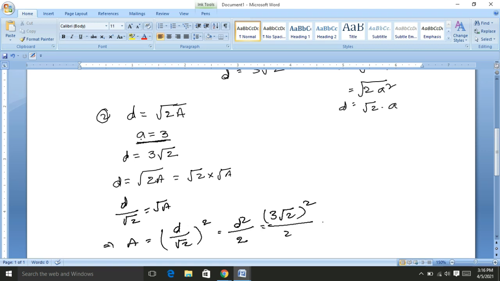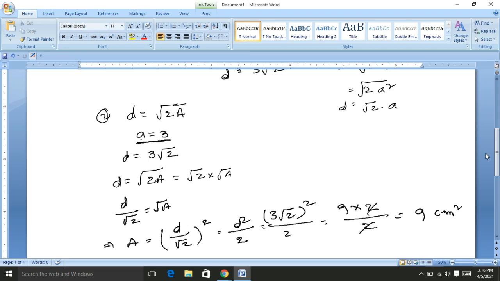That means area of the square: 3 square equal to 9, root 2 square equal to 2, so 2 by 2, the 2 is cancelled. Again, area equal to 9 centimeter square.